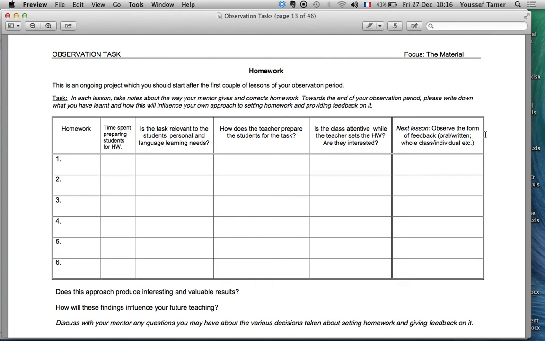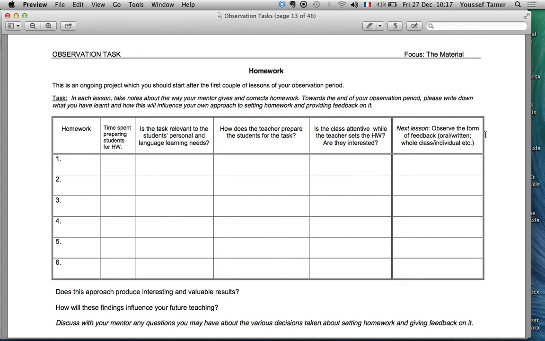So, time spent preparing students for homework. Okay, how much time does the teacher give to that? You just, 5 minutes or something like that. Is the task relevant to the students' personal and language learning needs?